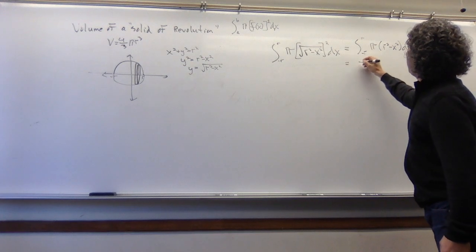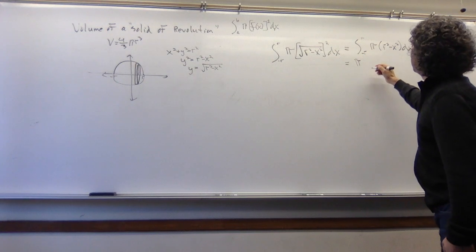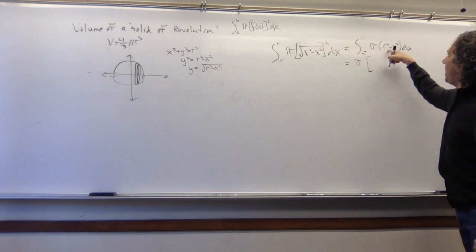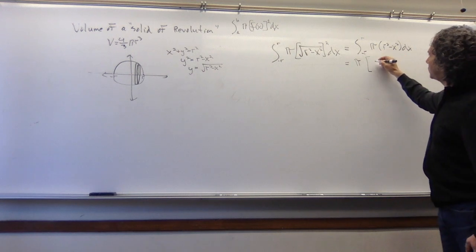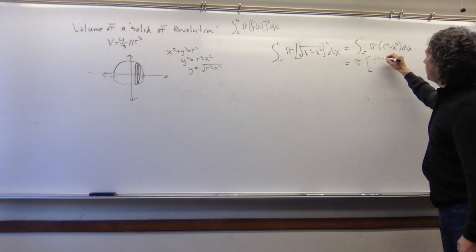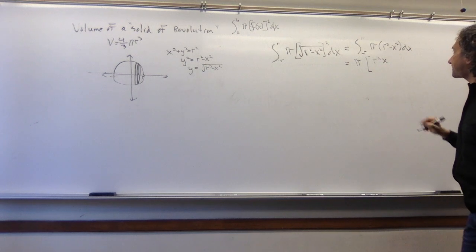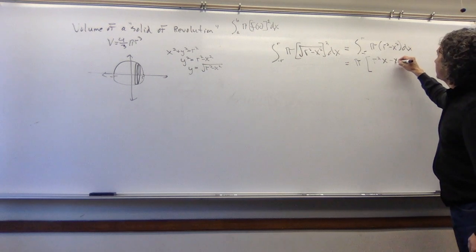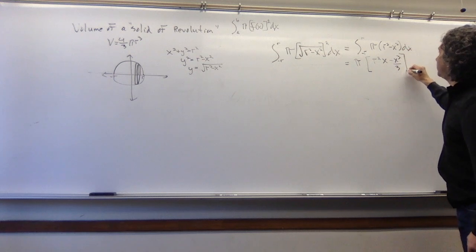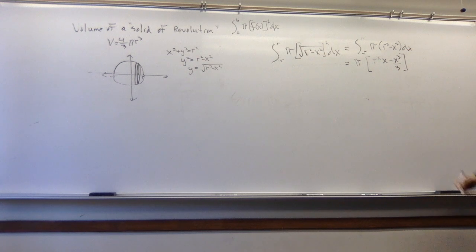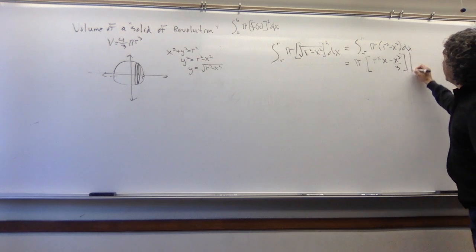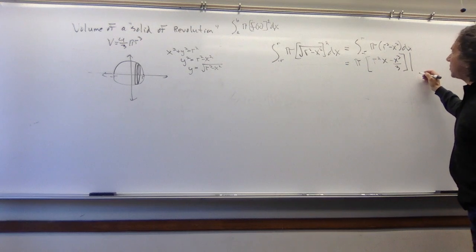Then I could pull out that constant. Integrating r squared, where r squared is just a constant, so it's just r squared times x. This becomes minus x cubed over 3. And then I can integrate from minus r to r.